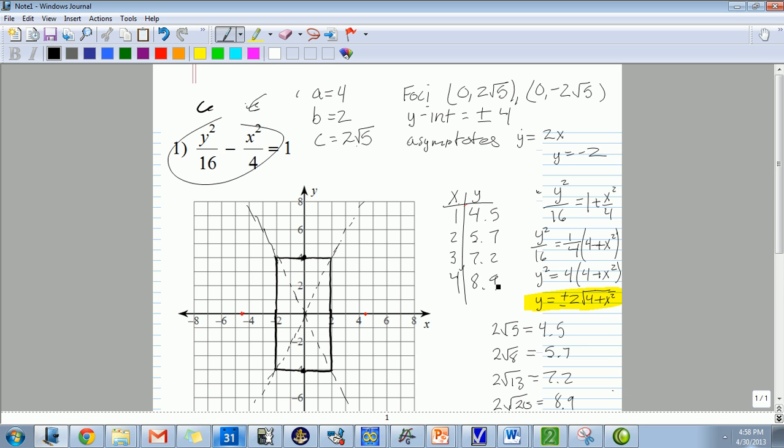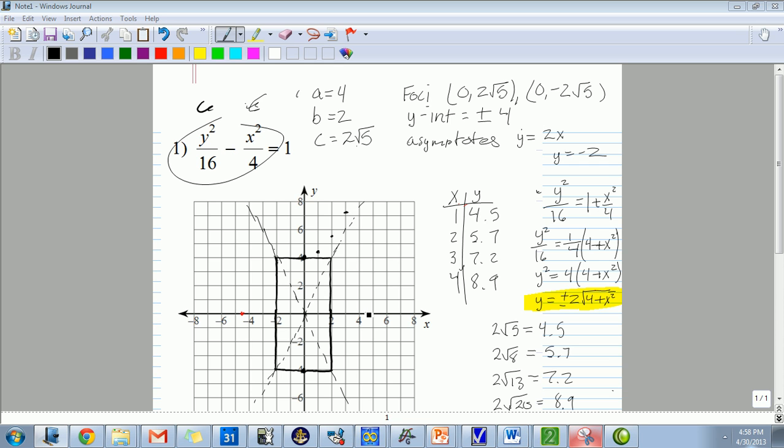As you can see, those x values are in no man's land. Well, some of them are in no man's land, but the actual point is not going to be. Say, for example, 4.5 is right here. So we can actually plot that. And 2, 5.7, if you go to 2, 5.7, that's, say, like right there. 3 and 7.2 is going to be like right here.